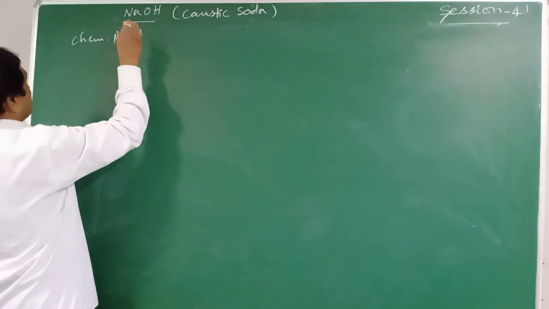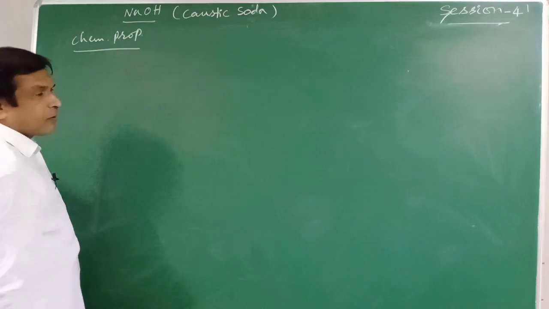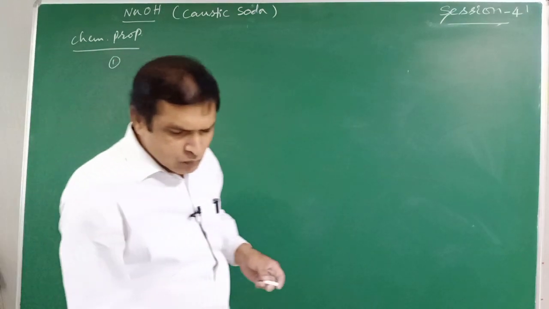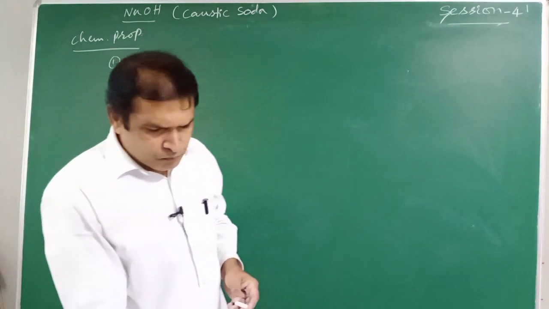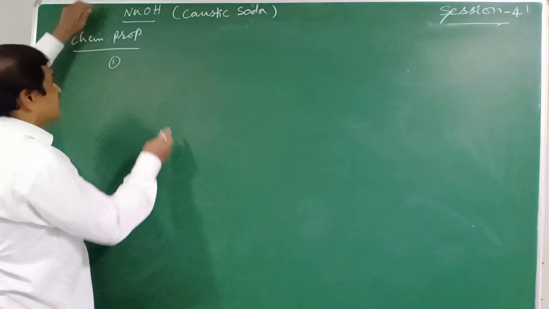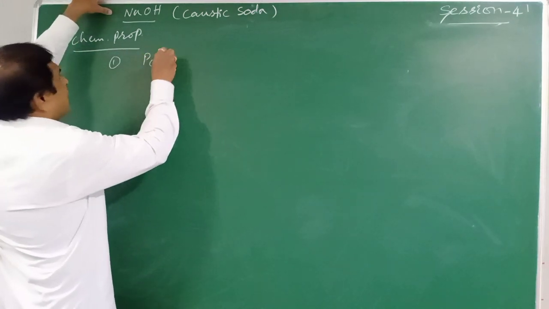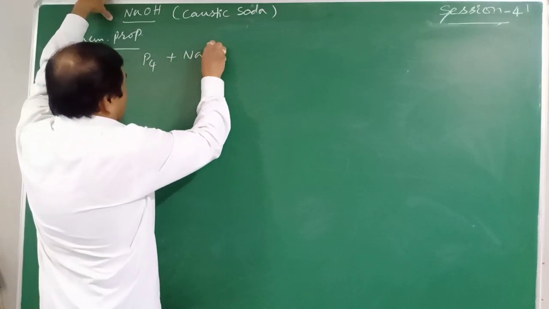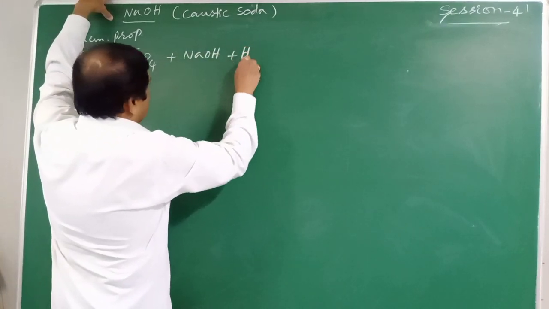Chemical properties of NaOH. The first chemical property is reaction with non-metals, like phosphorus. Sodium hydroxide solution, NaOH plus water, aqueous solution.